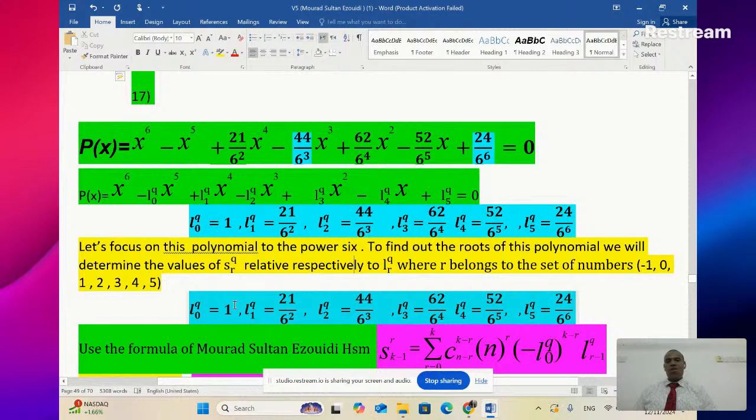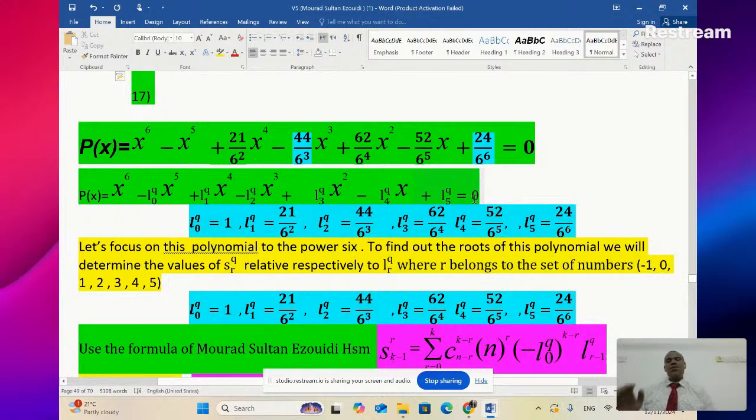The coefficients are respectively L0 is 1, L1 is 21 divided by 6 squared, L2 is 44 divided by 6 cubed, L3 is 62 divided by 6 raised to the power 4, L4 is 52 divided by 6 raised to the power 5, and L5 is 24 divided by 6 raised to the power 6.